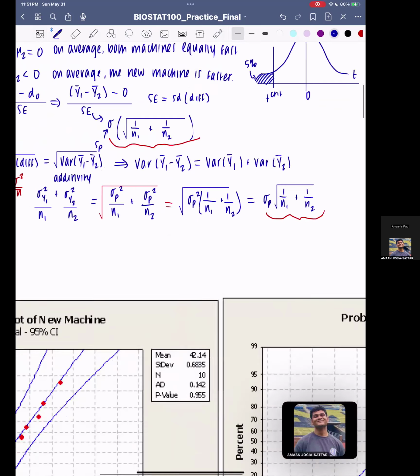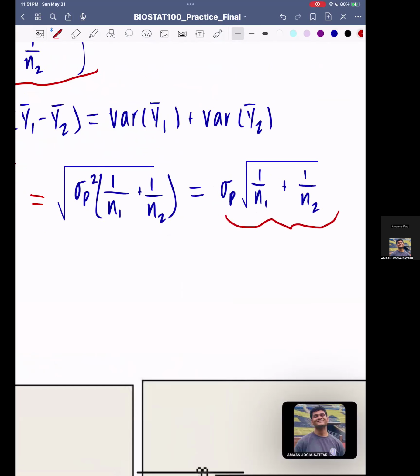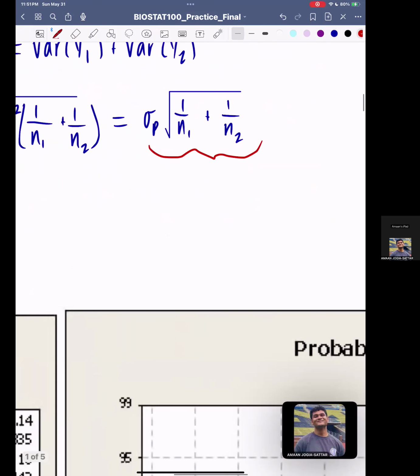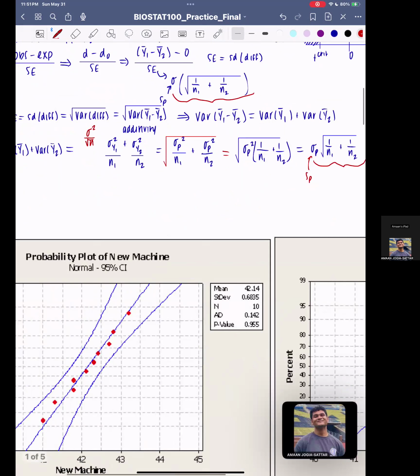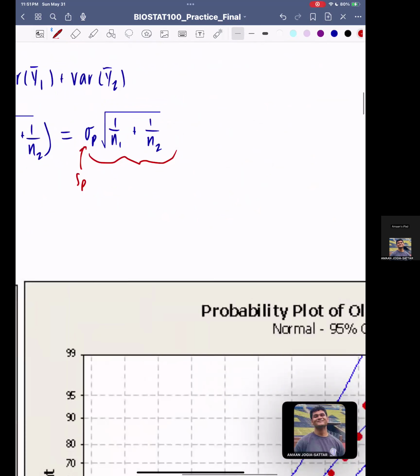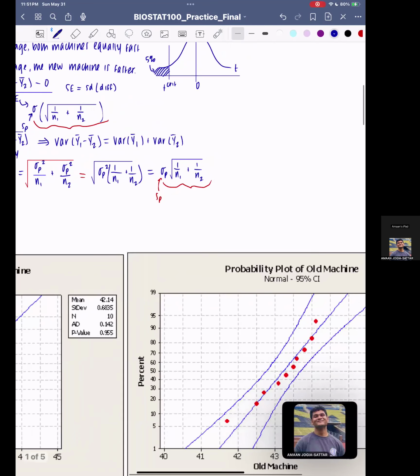And again, we don't have sigma p. We estimate that using the sample. So this becomes an S of p. And we will go over how we actually get that in a second. Actually, we'll go over it right now. Okay, so that's the last thing we need. I'm just going to write this out cleanly. So what do we have all together right now?